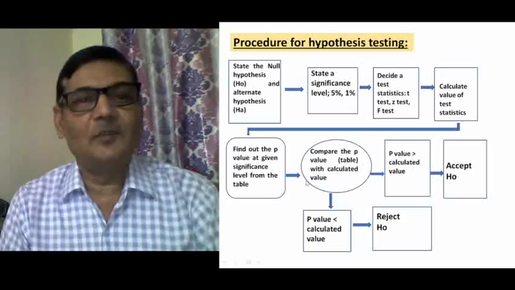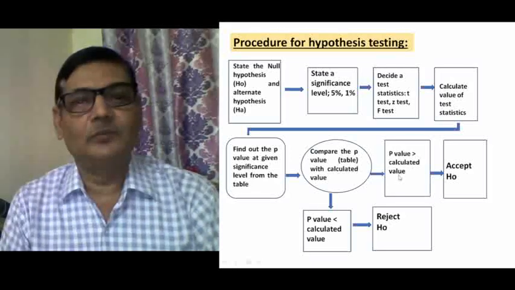Here is the important thing you have to consider: if your p-value, that is the table value, is more than the calculated value, then you will accept the null hypothesis. This is an important thing.